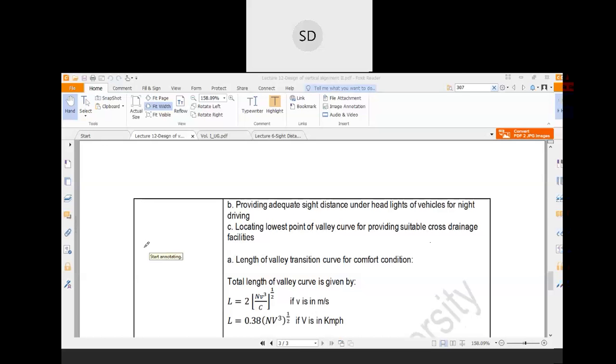In the case of a summit curve, generally a parabolic curve is considered, but in the case of a valley curve, the entire portion is a transition curve. That means the radius of the valley curve is varying in nature. It varies from infinity to a particular radius, then again increases to infinity. So that is the main point of the valley curve.